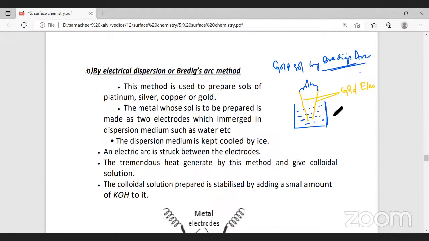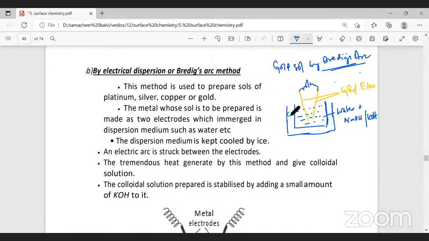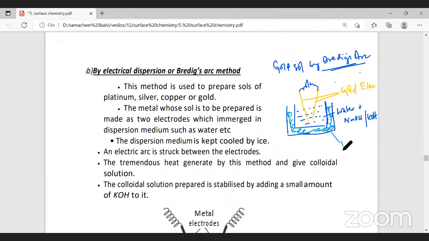Into this water, we add a little sodium hydroxide or potassium hydroxide. Now, this setup is kept in a container containing ice, a freezing mixture of ice and NaCl.